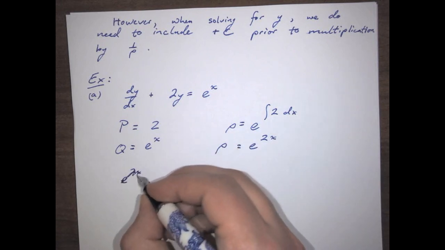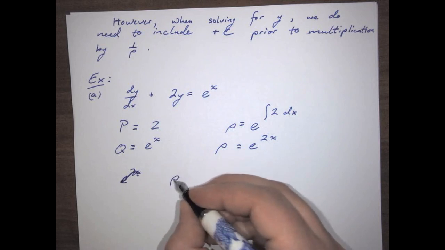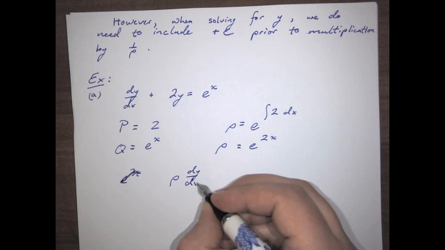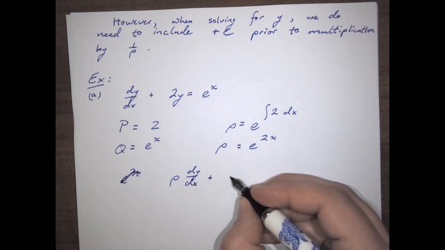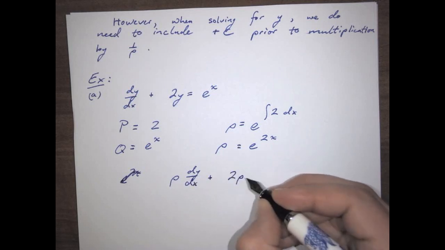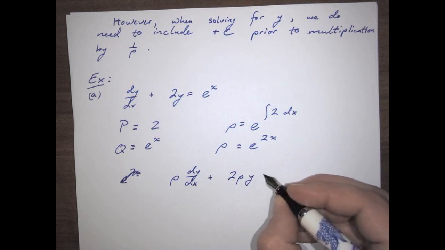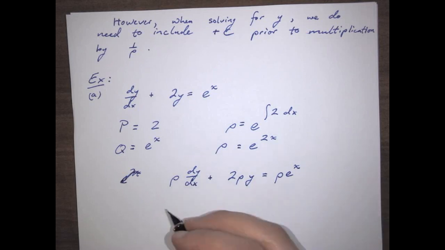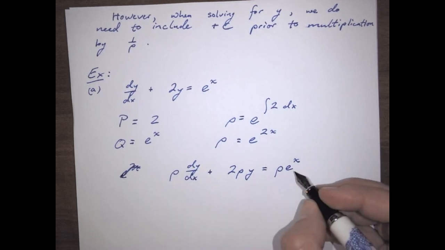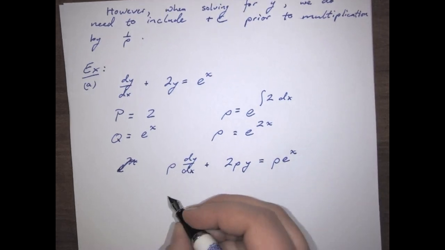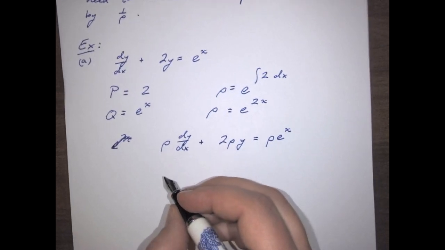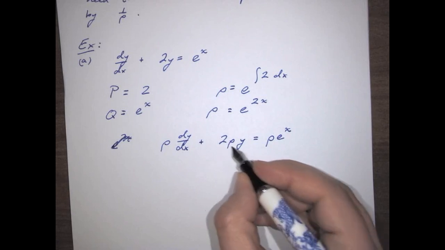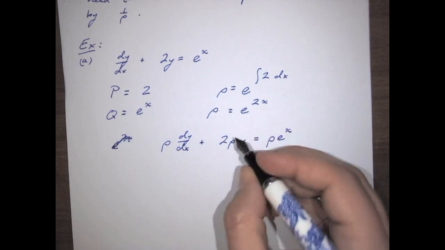let me show you here. Let me make that more explicit. So then rho dy dx plus 2 rho y is equal to rho e to the x. And here then what we're going to end up with is, this is the same as the derivative of rho.